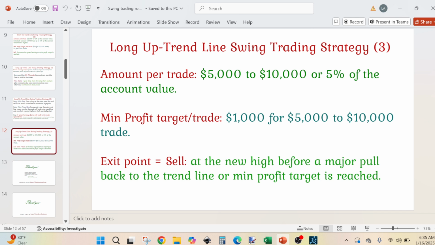Because we are going to trade less with this strategy, we allocate a higher dollar amount per trade. You can determine how much to allocate by calculating 5% of your account value, the account you are trading in, to determine how much to allocate per trade.